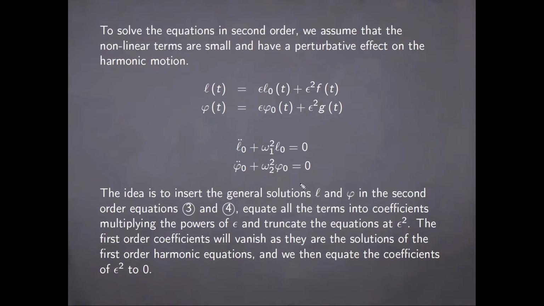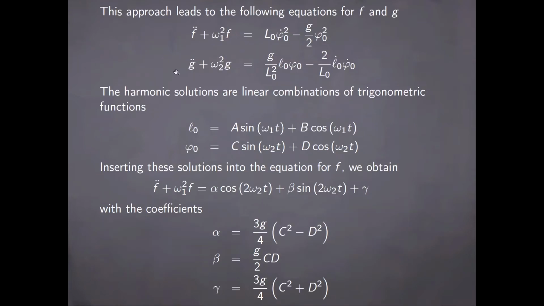This is very straightforward, but it's also a very lengthy calculation, so I've just outlined the general idea and I will present the results. So this approach will lead to the following equations for f and g. We obtain the results here for the two unknown functions.